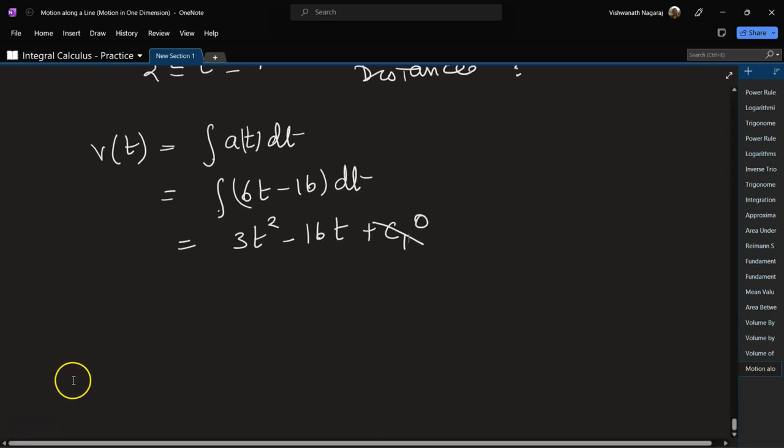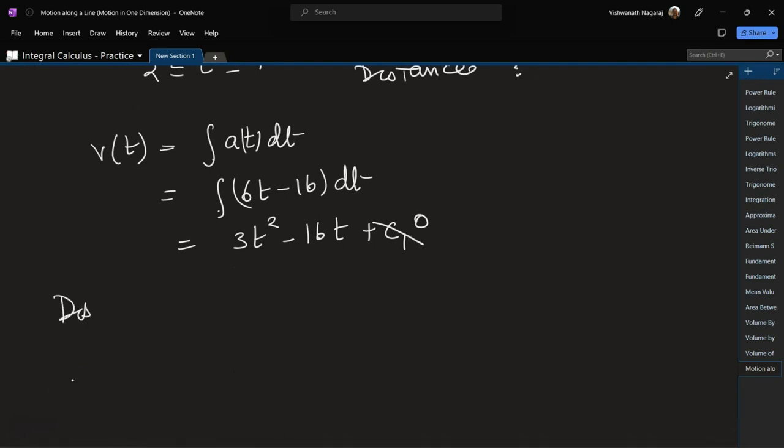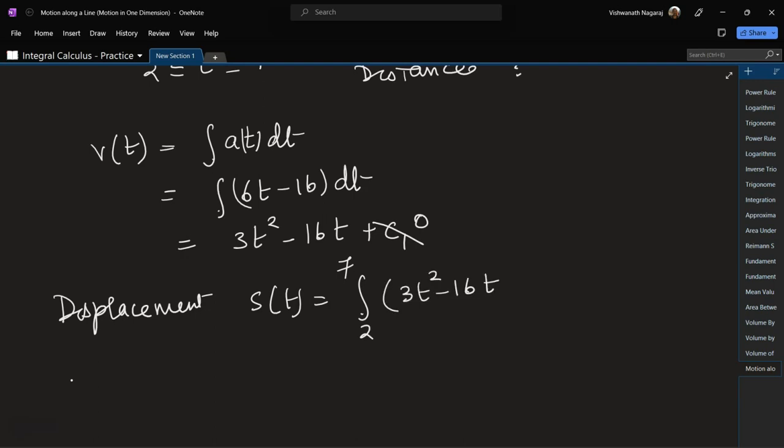So we are left with 3t square minus 16t. Now let's first figure out the displacement, that is s of t. This is going to be integral from 2 to 7 of v of t, that is integral of 3t square minus 16t dt.